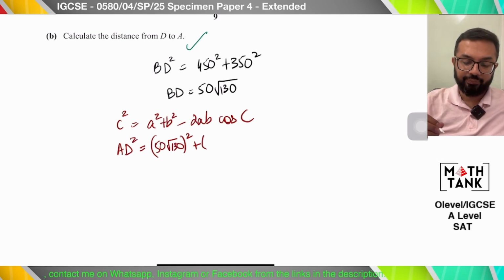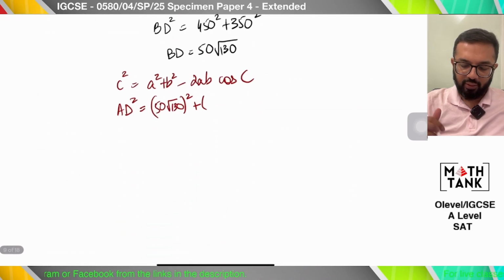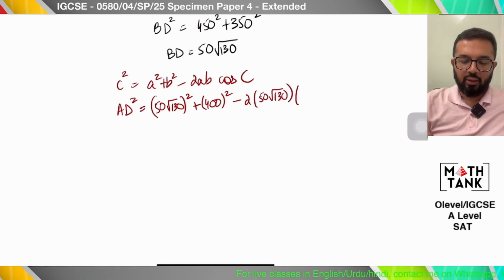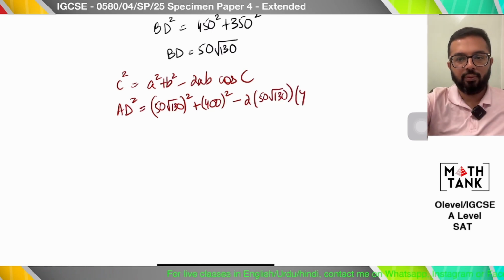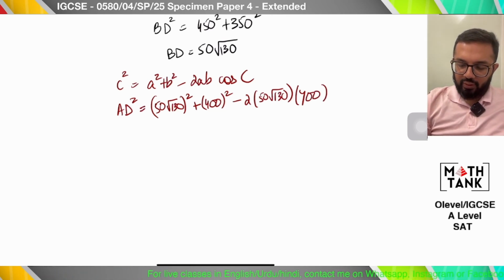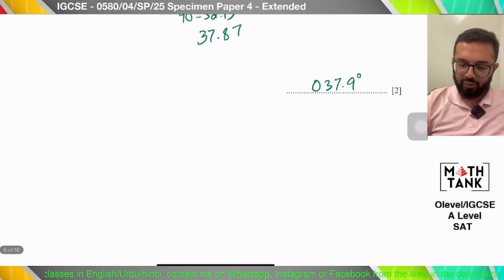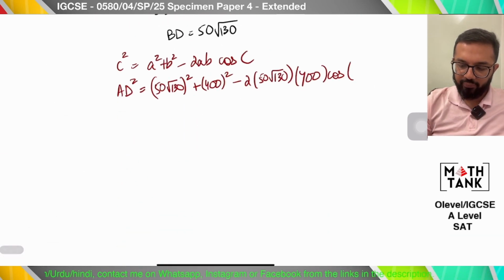The other side is 400, so 400 squared, minus 2 times 400 times 50 root 130, cos of 40 plus 37.9, that's 77.9.